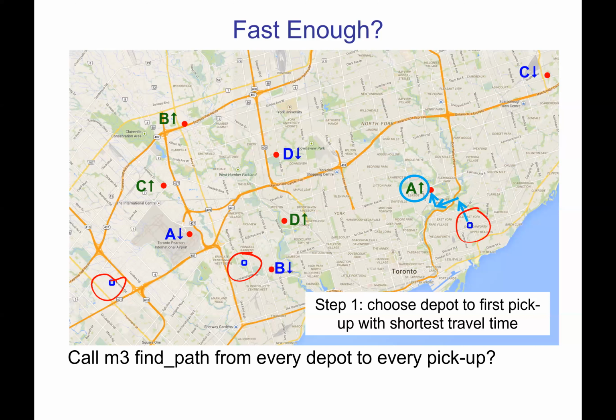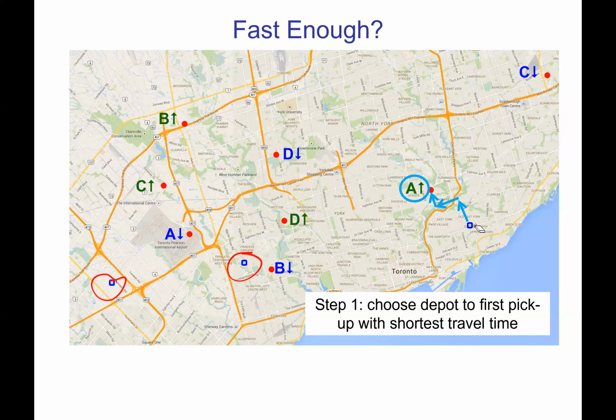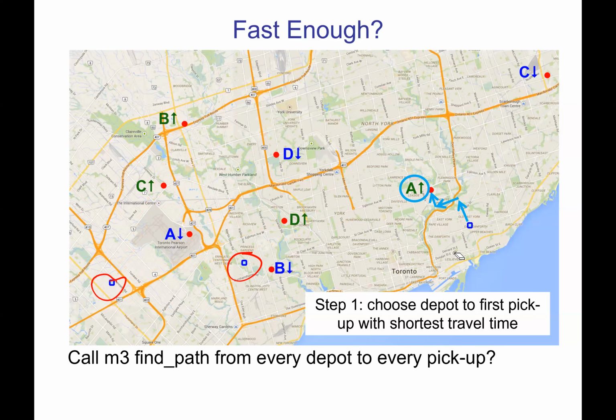And the idea is that once I look at all of these and find the shortest travel path, let's say it's this one, that makes the decision of where I start and where I go first. So I'm going to start at this depot and go to that pickup. But in order to figure that out, I had to invoke my find path algorithm.